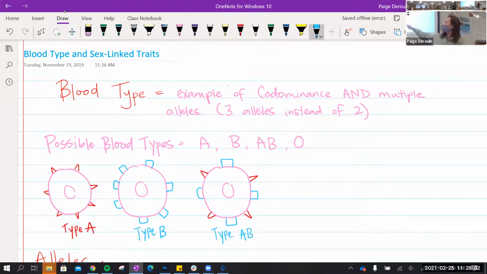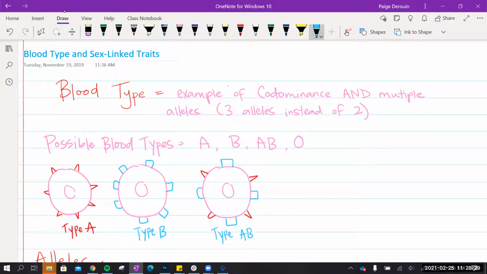So now, if you're type AB, can you receive type B blood? Yeah, because you have those glycoproteins. So your body's going to be like, cool, that's supposed to be here. And you can also receive type A blood because, again, your body's going to be like, cool, that's supposed to be here. So people who are type AB can receive blood from other people who are AB, or people who are B, or people who are A, which is great.